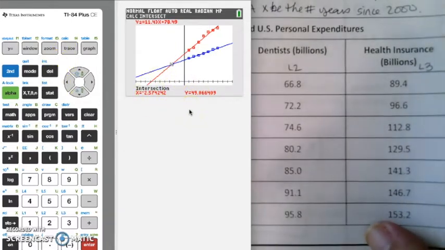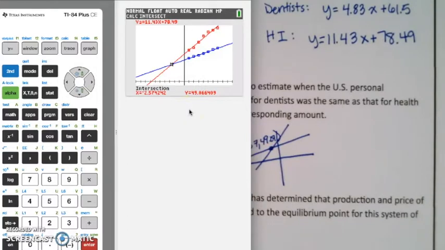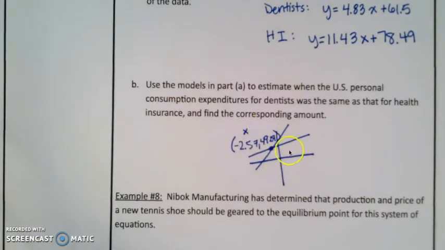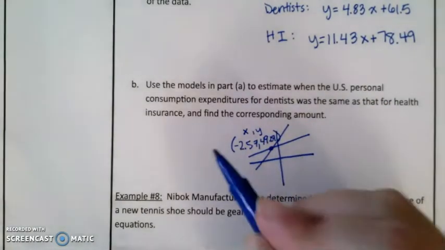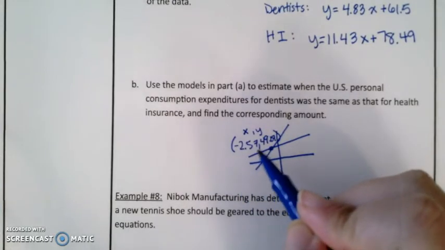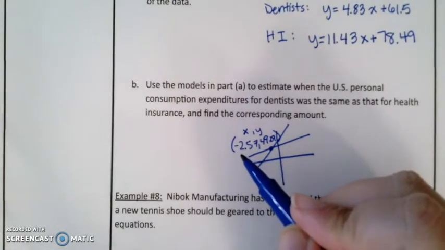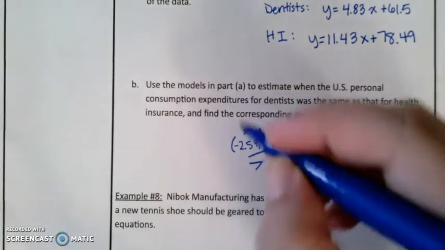So the video cut out a little bit, so I have already drawn the graph and I've labeled it with the point, but now the question is, what does that mean? So we have this point, we have our x value and our y value, okay? Now remember, x was the number of years since 2000. So if we have an x value of -2.57, that means it was 2.5 years before 2000.